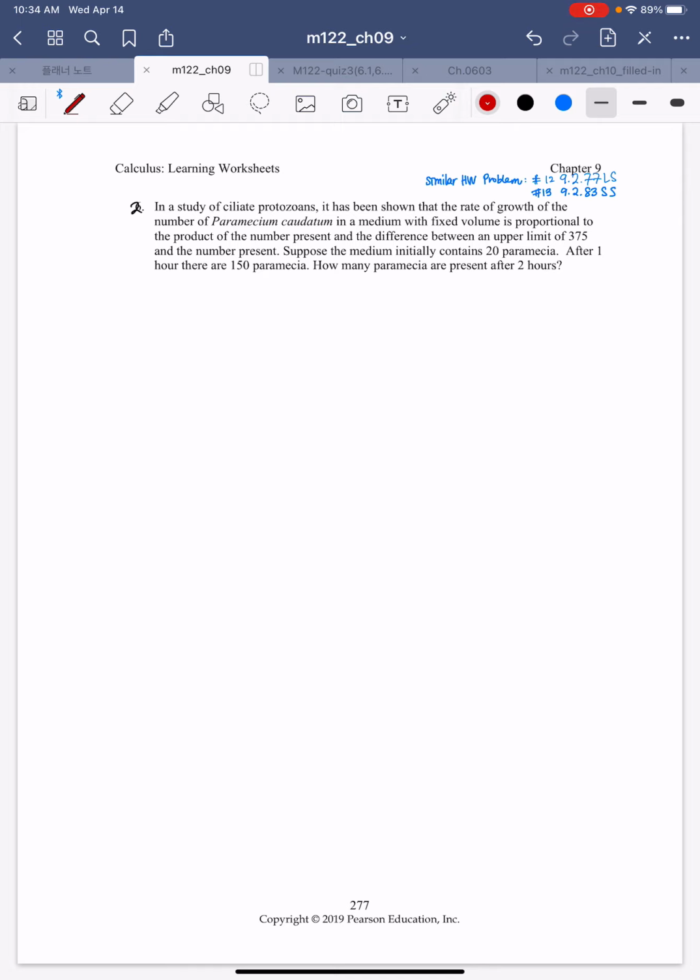Here's the key word to distinguish between the three. What does it say here? We have a fixed volume. Something is proportional to the product of the number present and the difference between the upper limit and the number present. Suppose the medium initially contained 20 paramecia. After 1 hour, there are 150 paramecia. How many paramecia are present after 2 hours?